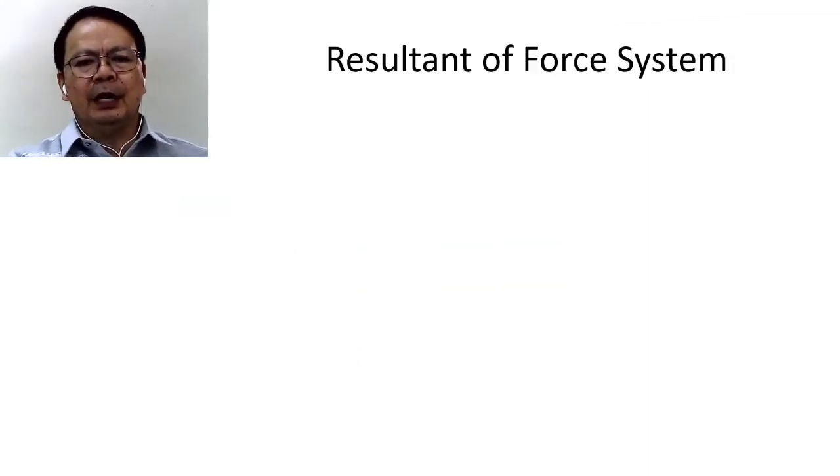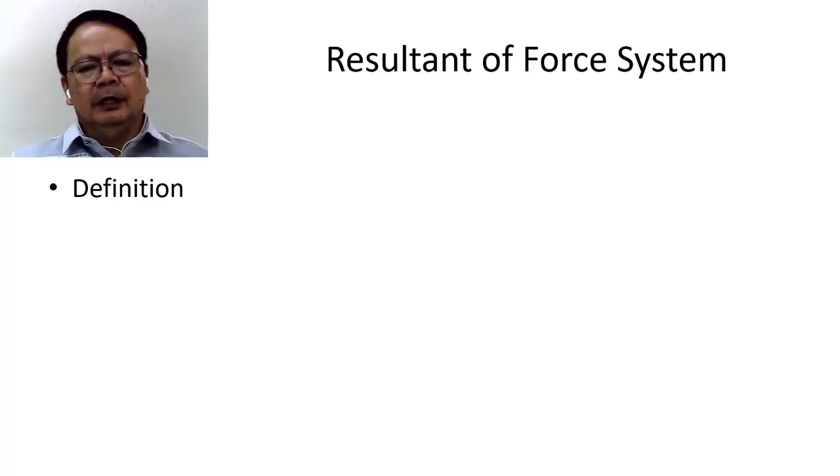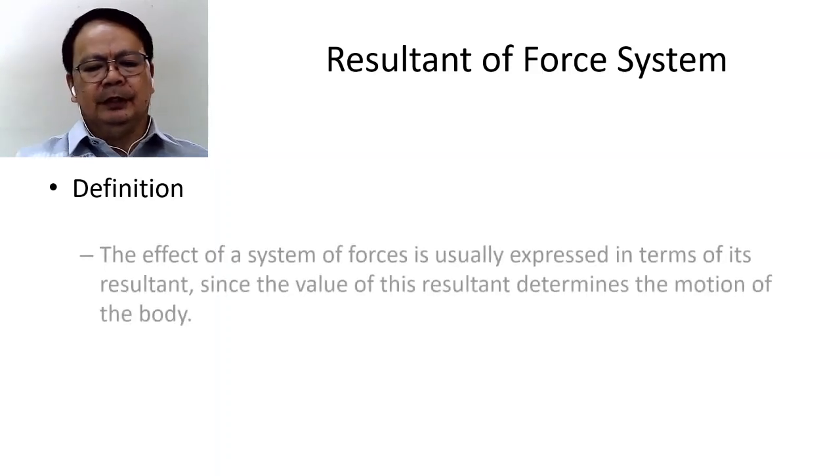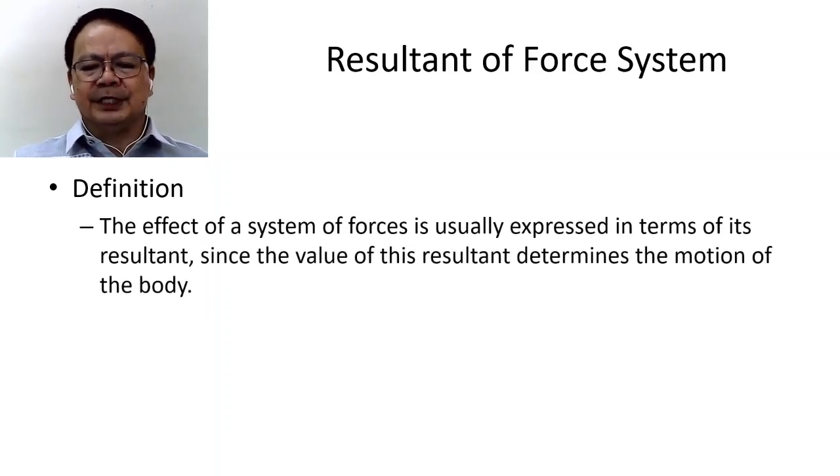Let's start with our discussion about the resultant of a force system. By definition, the effect of a force system is usually expressed in terms of its resultant, since the value of this resultant determines the motion of the body.